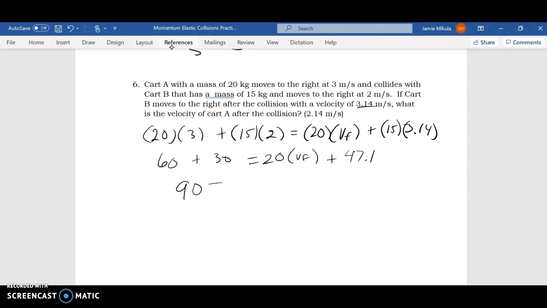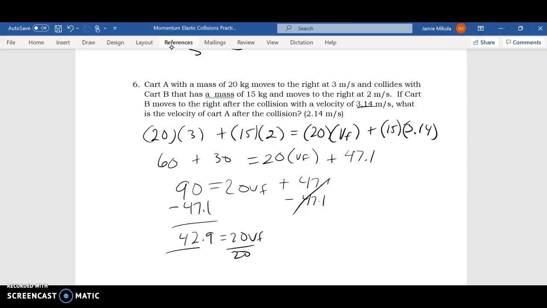Okay, so this is 90 equals 20 VF plus 47.1, so subtract 47.1 from both sides. 90 minus 47.1 is 42.9 equals 20 VF. Divide by 20 on both sides, and you get 2.14, so that's your answer. VF equals 2.14 meters per second.